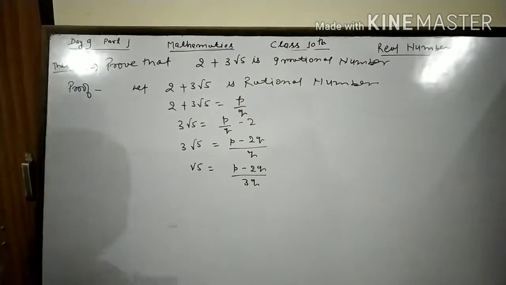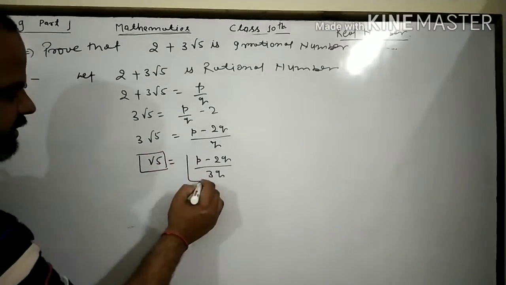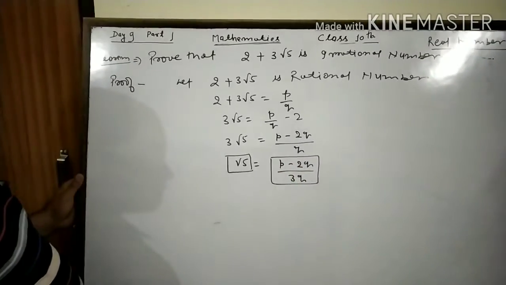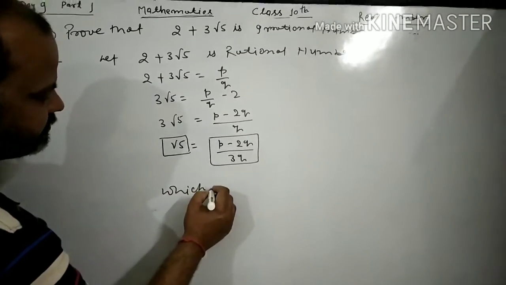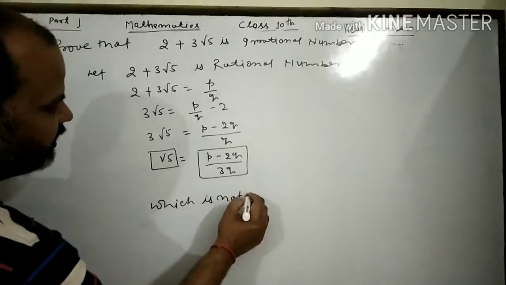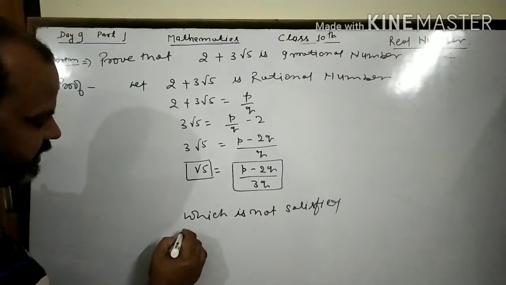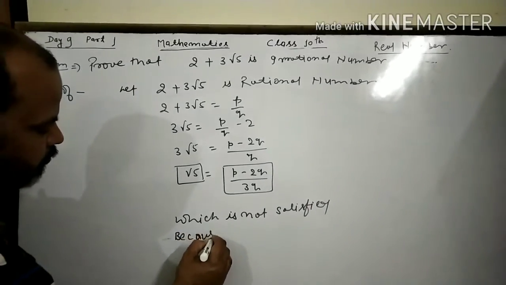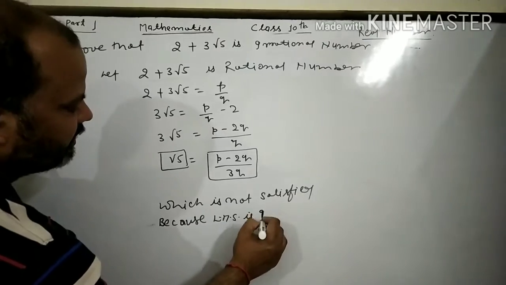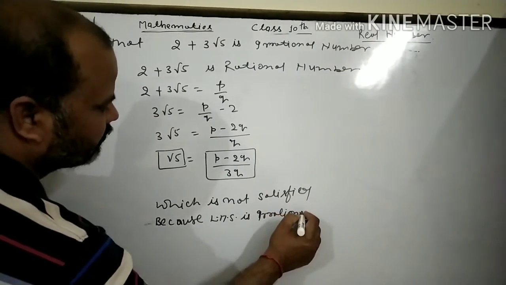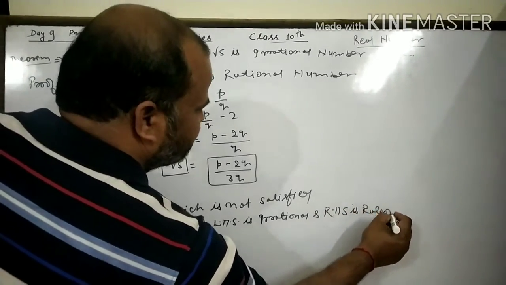Clear? Then after, you see that one side is an irrational number and the other is a rational number. Clear? Then you say this is not satisfied because LHS is irrational and RHS is rational.